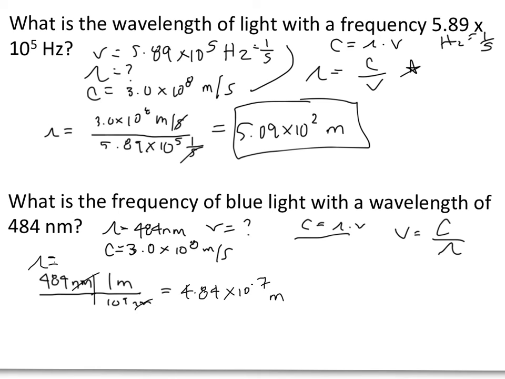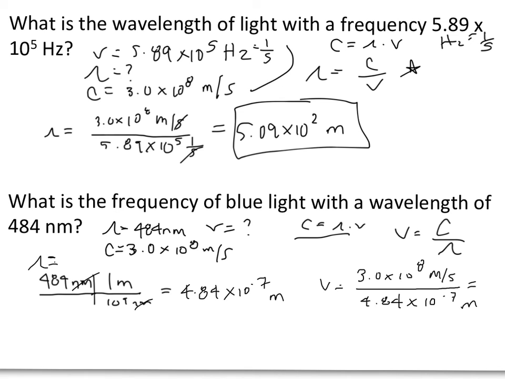So I can now take these numbers and plug them in and not have to worry about problems with the cancellation of units. So frequency is going to be equal to 3.0 times 10 to the 8th meters per second. So that's my speed of light up top. And I plug in my new wavelength value in meters, so 4.84 times 10 to the negative 7th, and my meters are the units there.